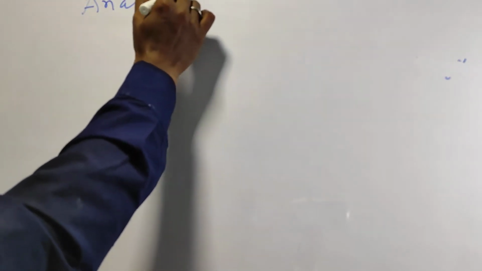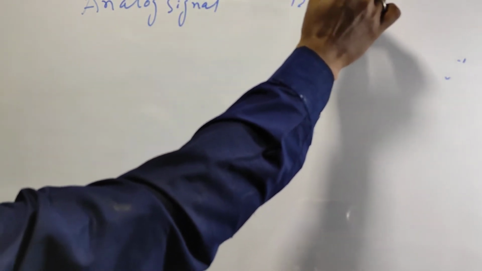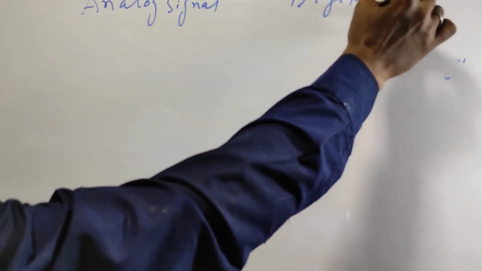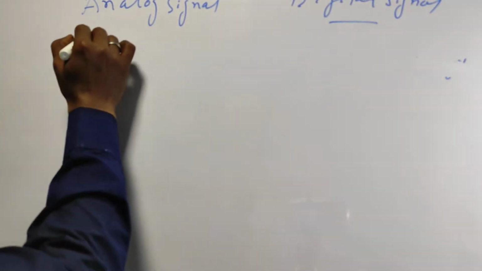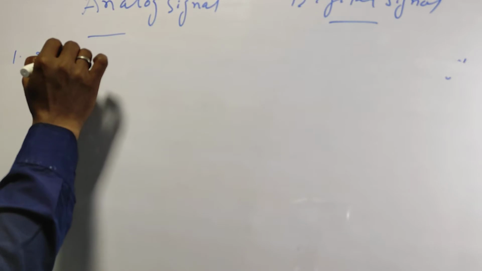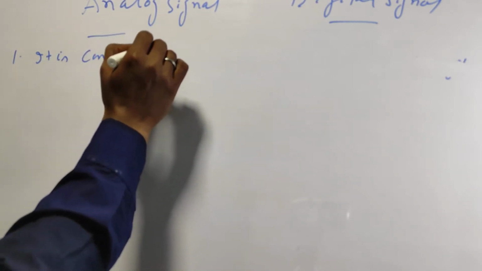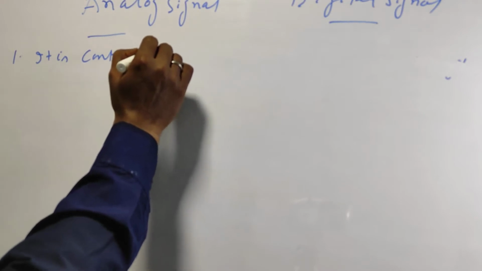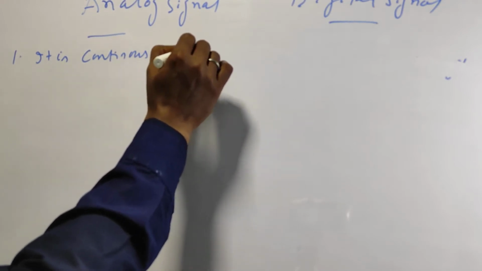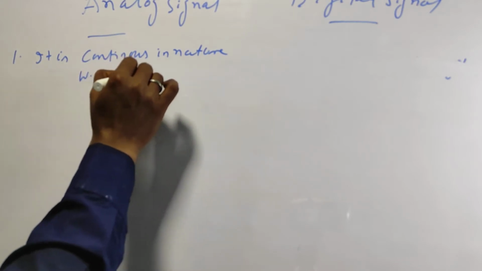What is the difference between analog signal and digital signal? The analog signal is continuous in nature with respect to time.